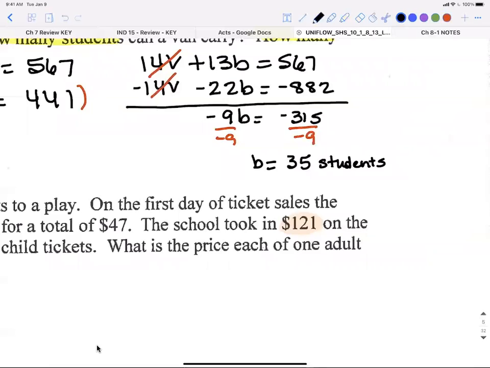Now, I just want to head this off at the pass because it does sometimes creep up. If you have a little bit of a glitch and you forget, let's say that 13 minus 22 is -9 and you put it as +9, right? And you divide both sides by a negative and you get the answer -35. You've got to think through what your story problem means. Can you have -35 students?